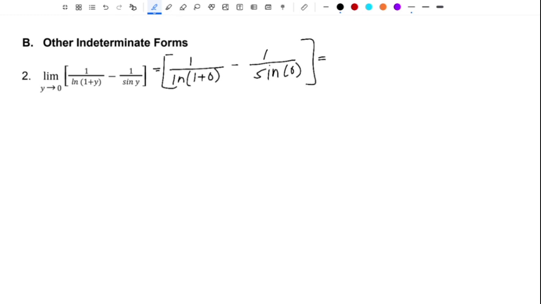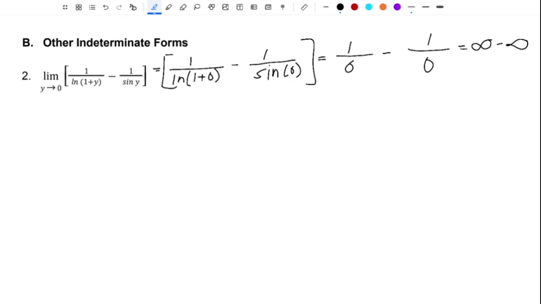Okay, now 1 over ln 1 plus 0 minus 1 over 0. Here we can have infinity minus infinity.